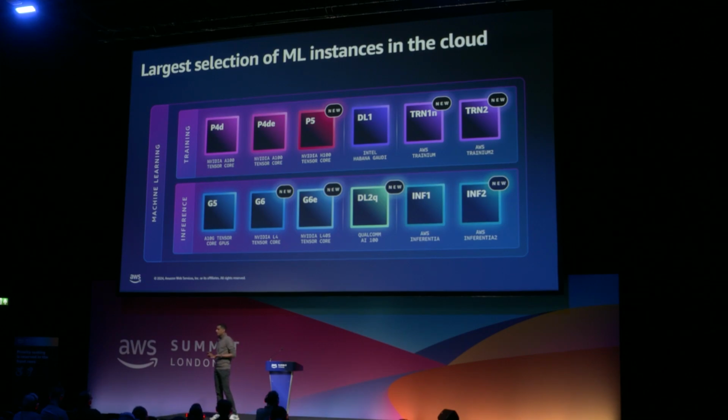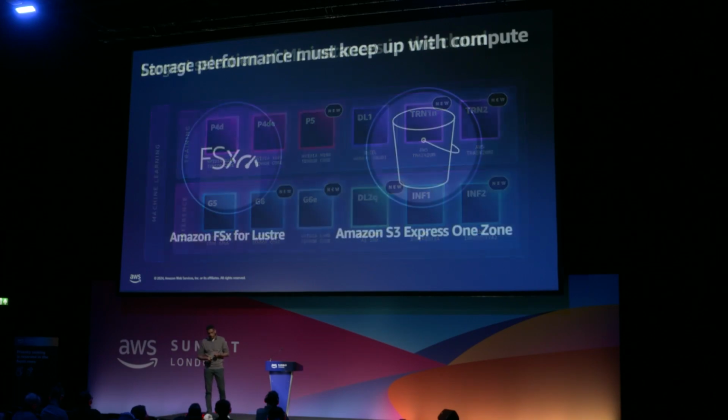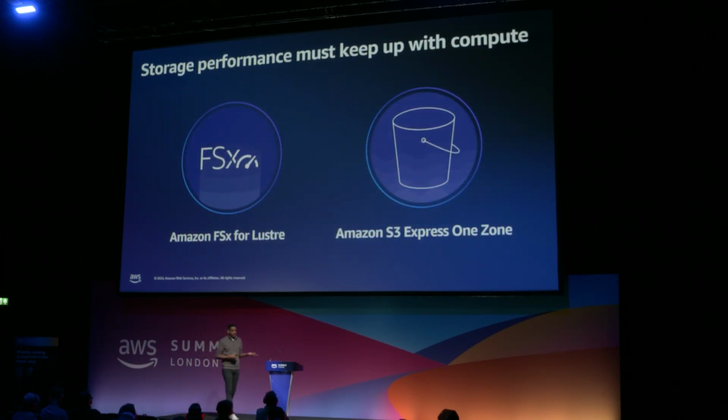And we continue to expand this as more and more GPUs become available. We increase that choice that you have with compute on AWS. So when you're building a GenAI service, the dominant cost tends to be the compute. The GPUs make up most of the cost. So it's super critical to make sure that the storage you have can deliver the data as efficiently as possible to your GPUs. And this means, for example, on AWS, you could use something like Amazon FSx for Lustre.